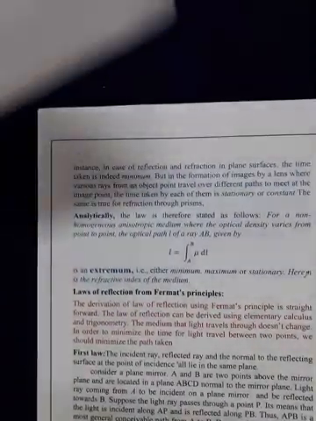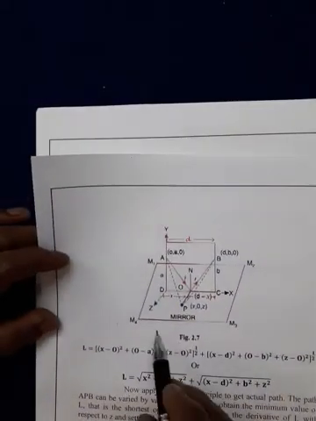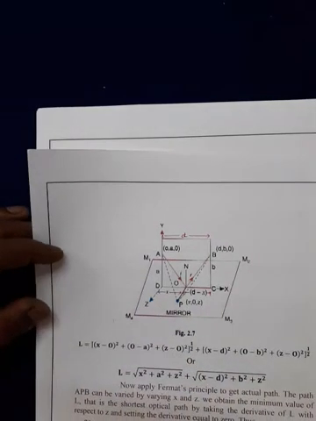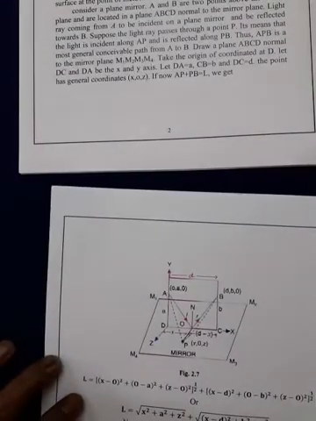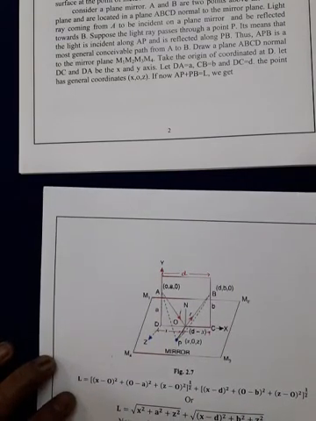Now let us consider a plane mirror. This is the plane mirror. You can see, this is the plane mirror. A and B are 2 points above the mirror.